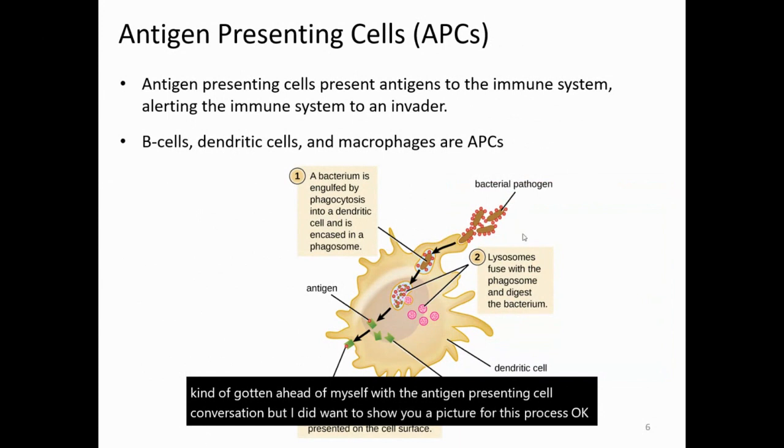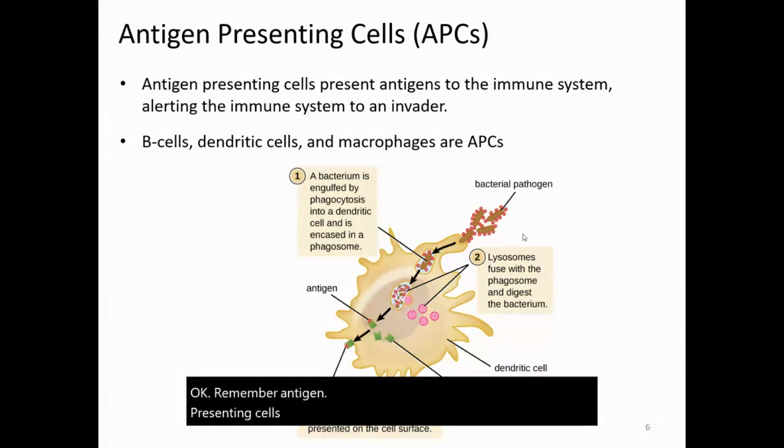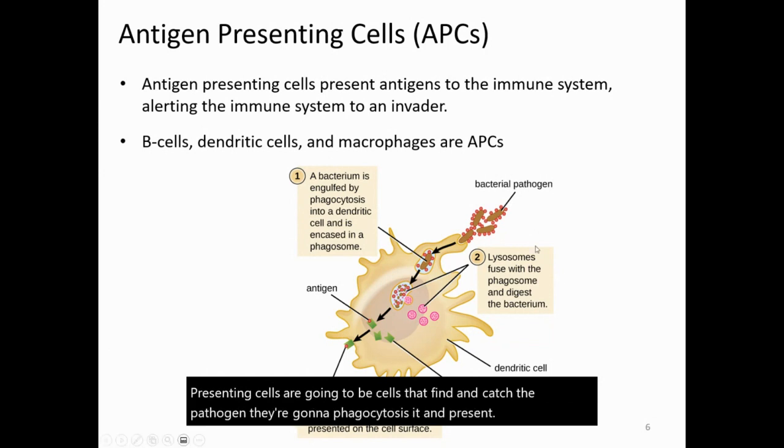So remember, antigen presenting cells are going to be cells that find and catch the pathogen. They're going to phagocytose it and present it to the rest of the immune response. Here you see this big old cell. That is the antigen presenting cell. Here's the pathogen. Notice it's undergoing phagocytosis.